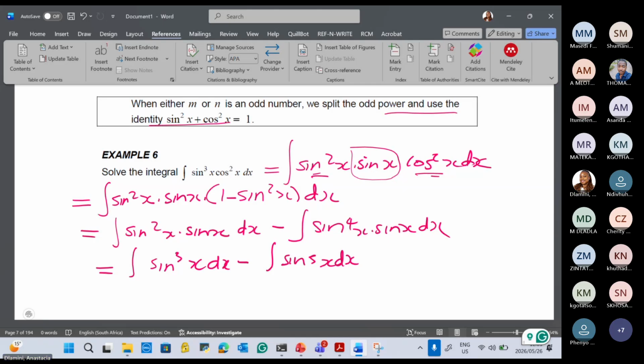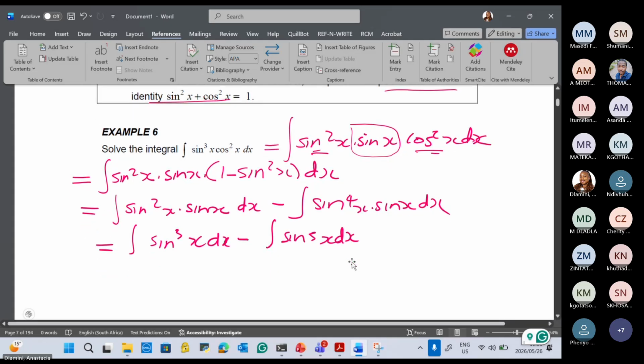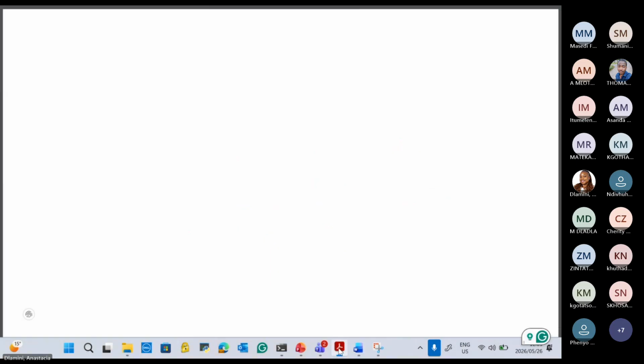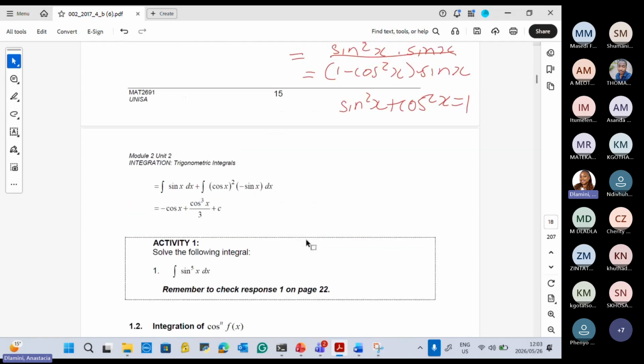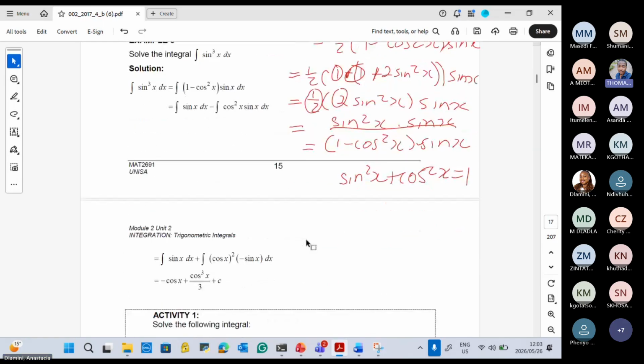Now, do we know sine to the power of 3? I think we solved it up there. Yes, we solved it.